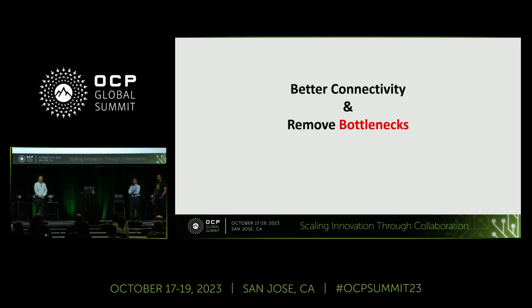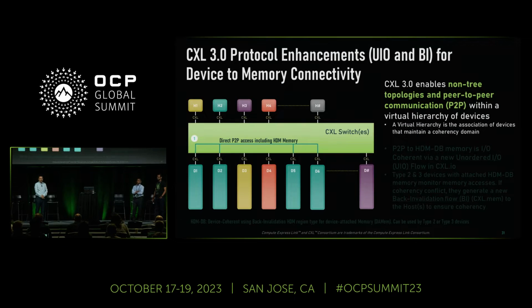But everybody is asking for better connectivity and removing all kinds of bottlenecks. CXL 3.0 came in and provided other mechanisms, streamlined peer-to-peer transfers, a CXL device connecting to a memory device or a storage device through a switch to remove bottlenecks. We don't have to go through the host anymore. These can directly talk to each other.